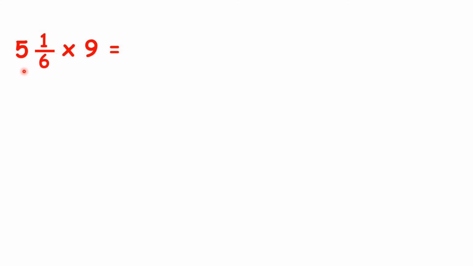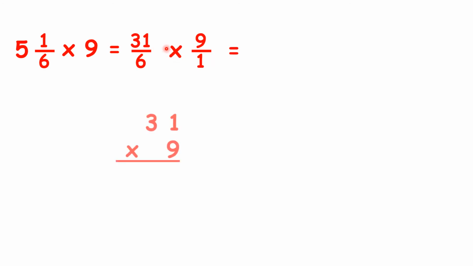So pause the video and see if you can answer 5 1/6 times 9. So we change 5 1/6 to an improper fraction, and we're multiplying by 9 over 1. So we need to work out 31 times 9.